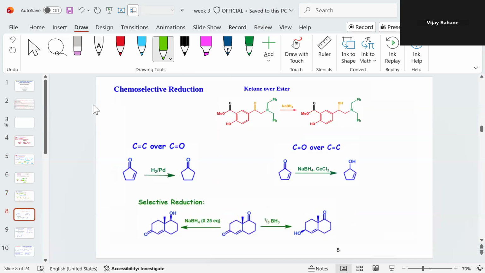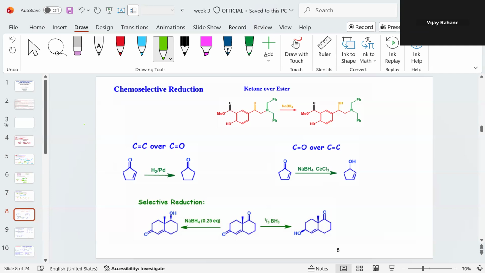Then, if you look at the chemoselective reduction, I will not tell you where these concepts are going to be useful for solving the assignment problem. So you have to correlate the concept from whatever I am talking right now, and where you can apply the same concept on solving your assignment question, right?